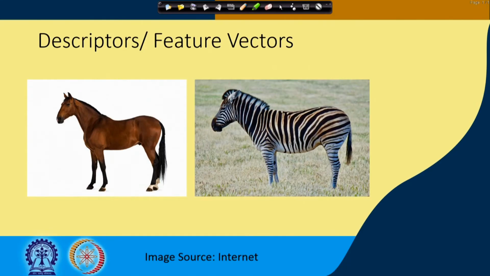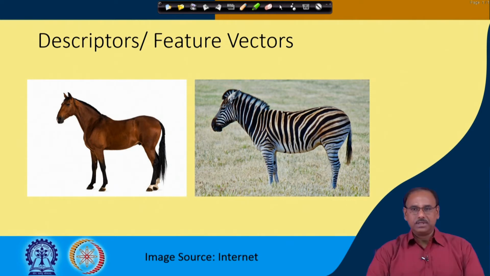In our previous introductory lecture, we showed you the images of a horse and a zebra. And we said that to differentiate between these two images, that is, to identify which is the horse and which is the zebra, we can extract two types of descriptors.